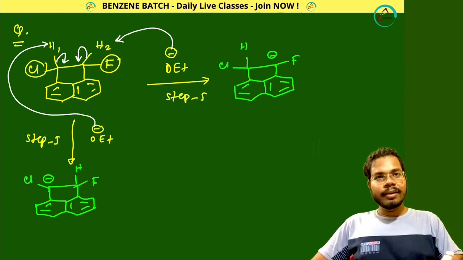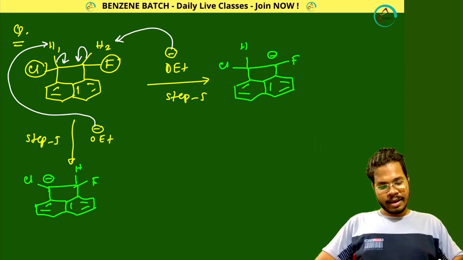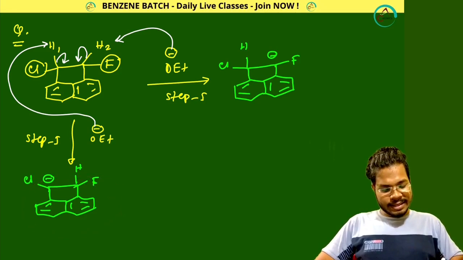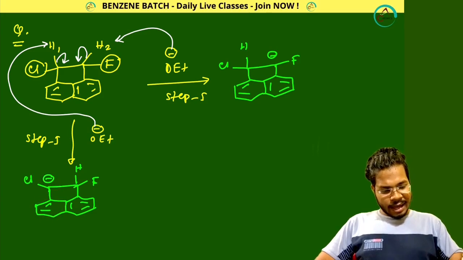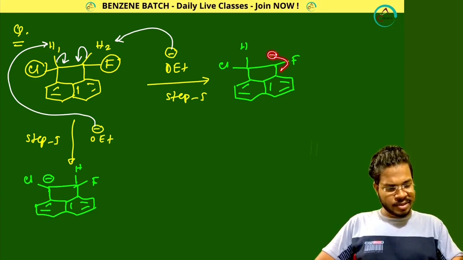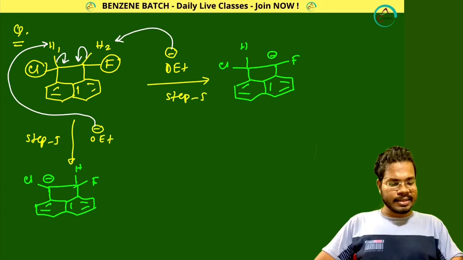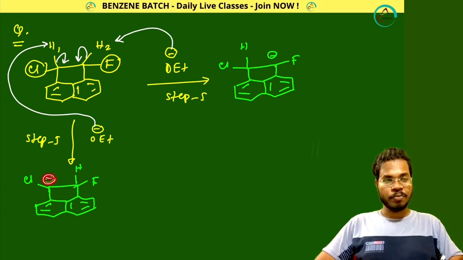So now tell me, here this negative charge is also resonance stabilized with this benzene ring, and this negative charge is also resonance stabilized on the benzene ring. This is stabilized due to the minus I effect of fluorine. This is also stabilized due to the minus I effect of fluorine.